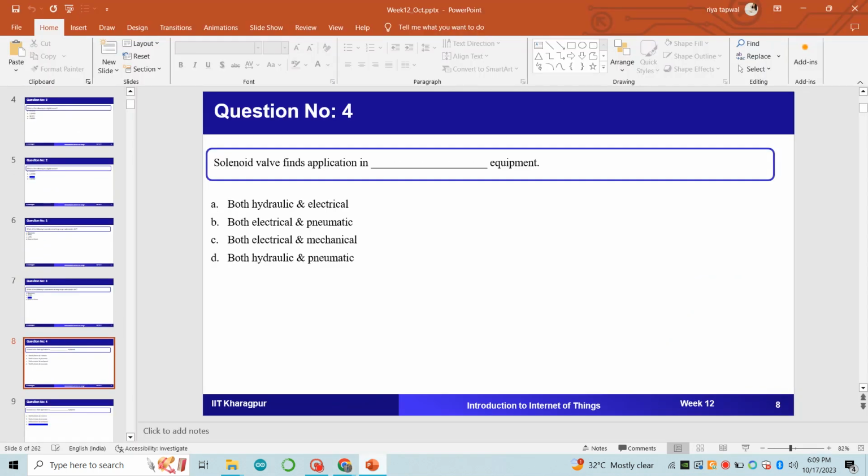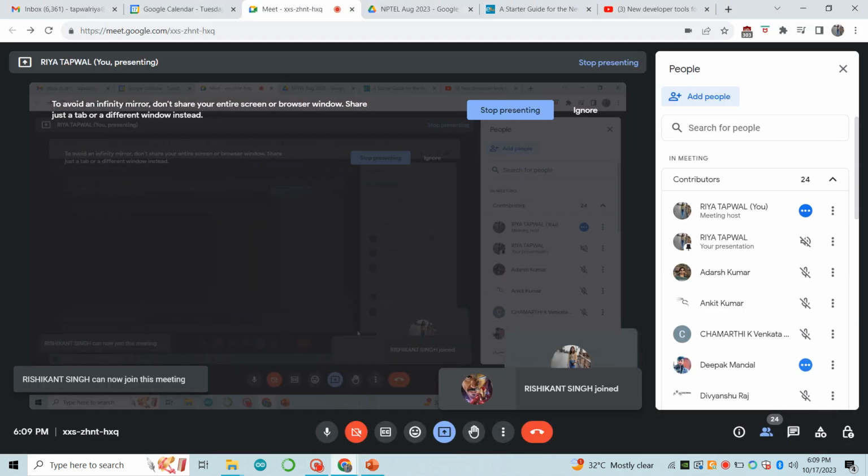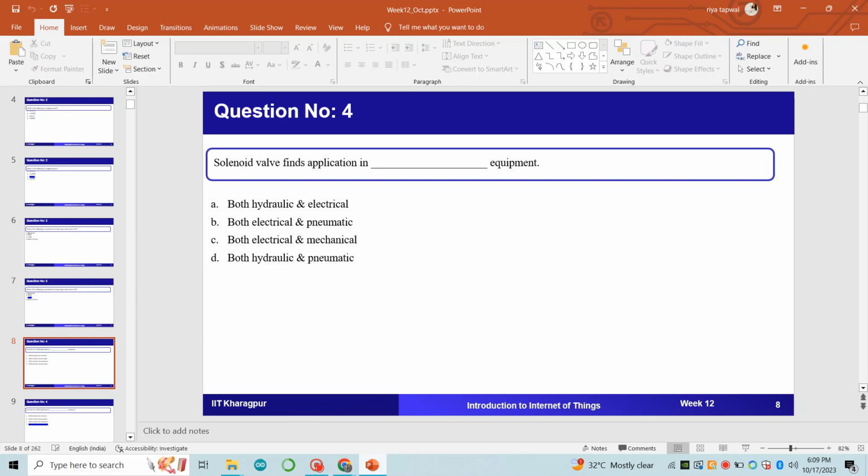So next question is, solenoid valve finds application in blank equipment. Options are both hydraulic and electrical, both electrical and pneumatic, both electrical and mechanical, both hydraulic and pneumatic.